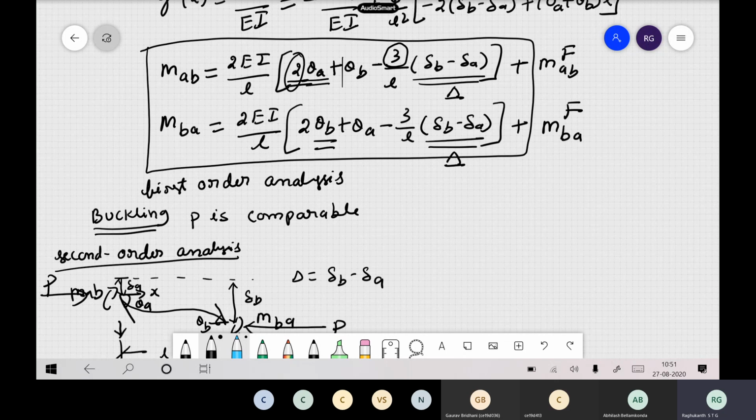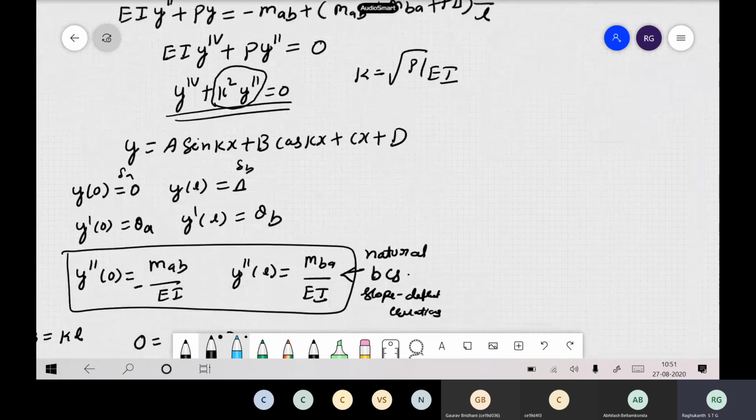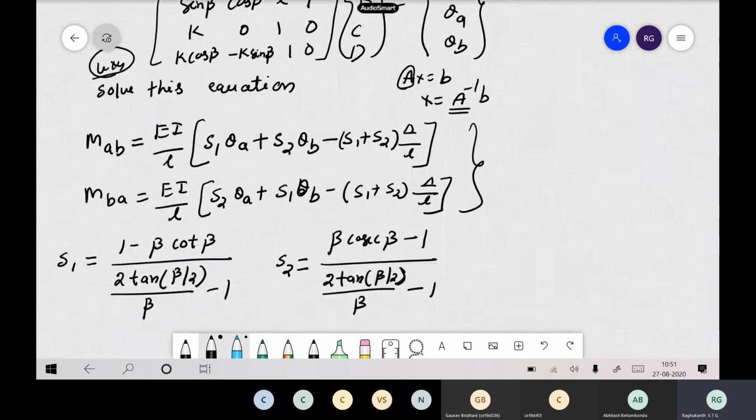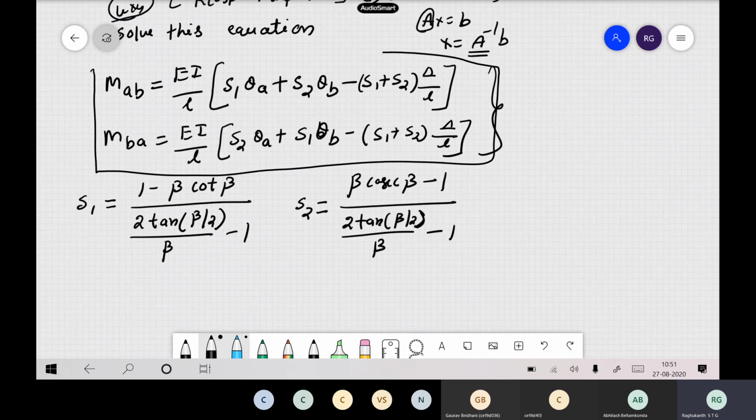So you can verify whether you are proceeding in the right direction or not. When P is equal to 0, you should get back your original equations, which is perfectly valid. So these are our slope deflection equations from our second order analysis, including the axial load. And if there are fixed end moments, we add this extra term also.